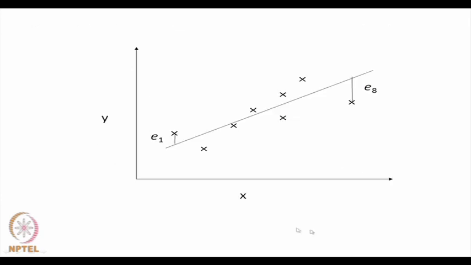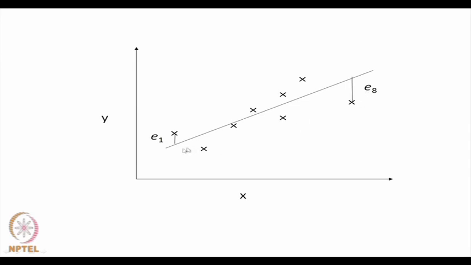Now, this is a graphic representation of what I was trying to say for a case when it is a simple regression with one independent variable x and one dependent variable y. This is the SRF, sample regression function, and these are the errors or the residuals E 1 through E 8.